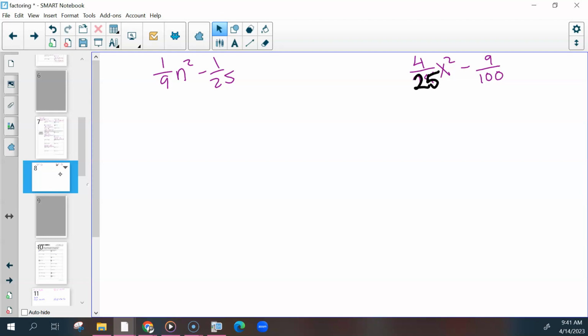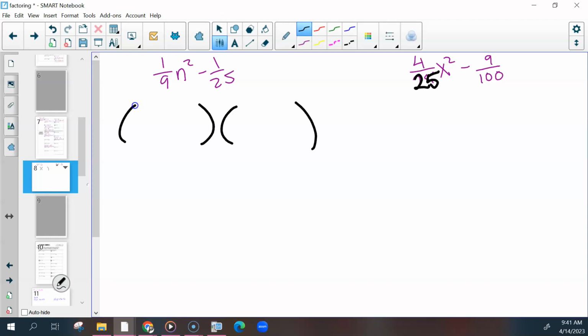So sometimes you'll get complicated problems like this, but the process is the same. And as you're thinking about this, your fraction will have two perfect squares. It could be the same, could be different. So what times what will give us 1? What times what will give us 9, 3? What times what will give us n squared? So that would be 1/3 n for both.